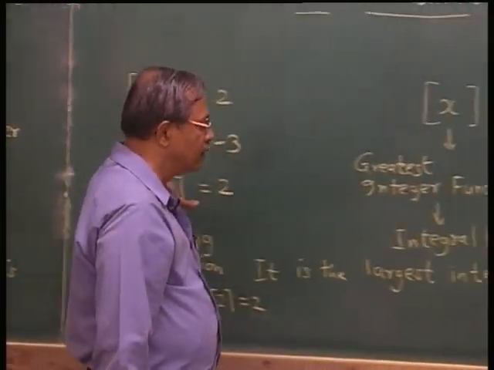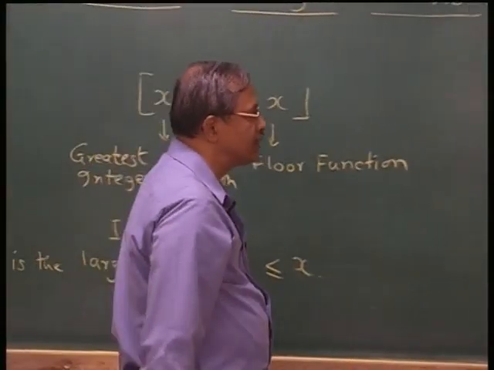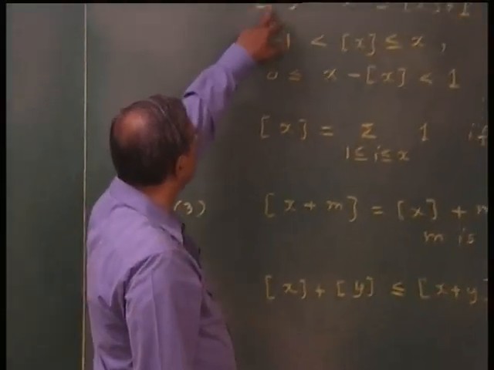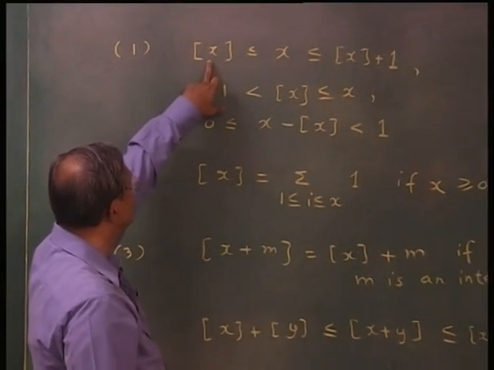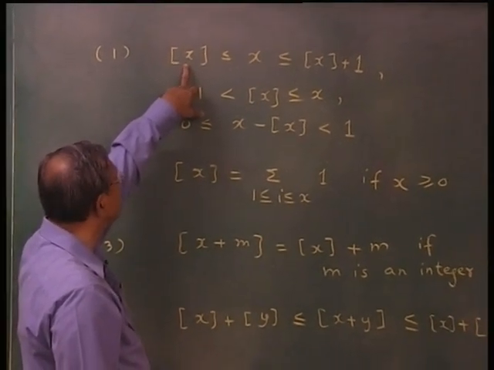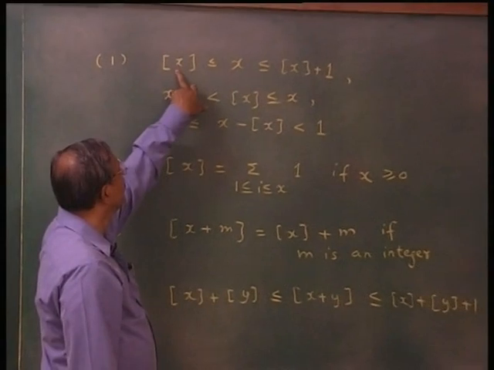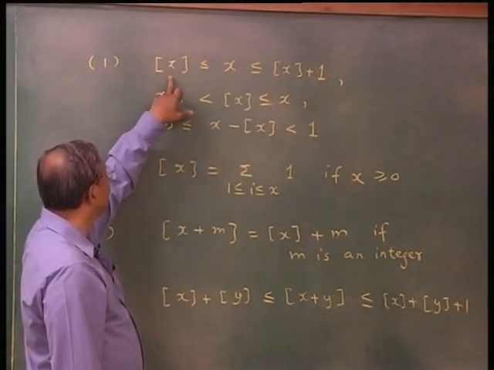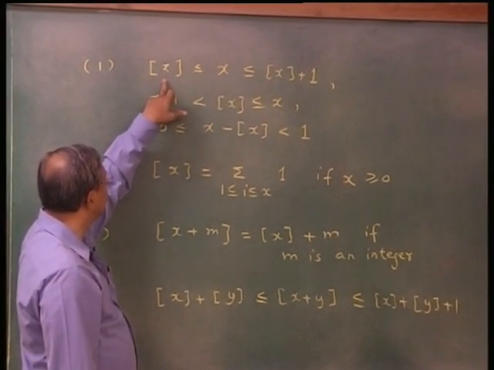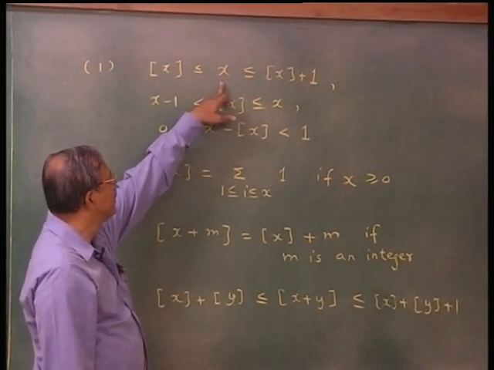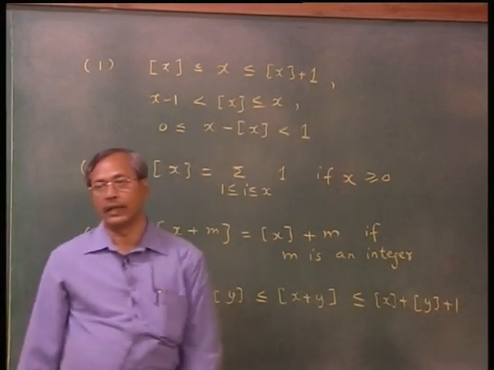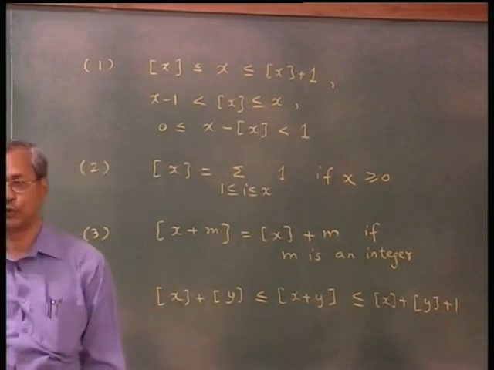We will see some properties of this greatest integer function. The greatest integer function of x is an integer, and if x is the given real number, then the integral part of x is less than or equal to x, and x is less than the integral part of x plus 1.